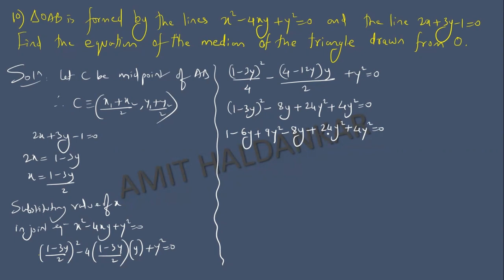Now 24 plus 4 plus 9 is 37y square minus 14y plus 1 is equal to 0. Now you get this as a quadratic equation. Okay. So the quadratic equation over here will have two roots.